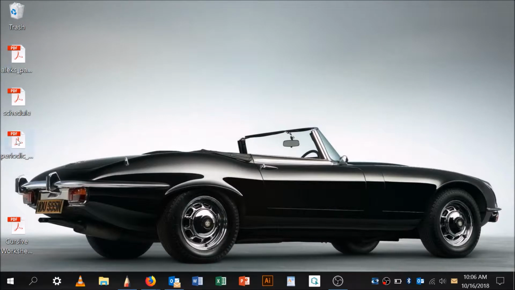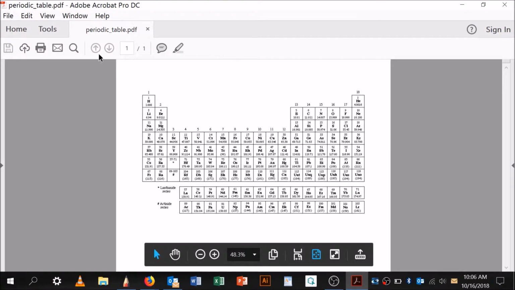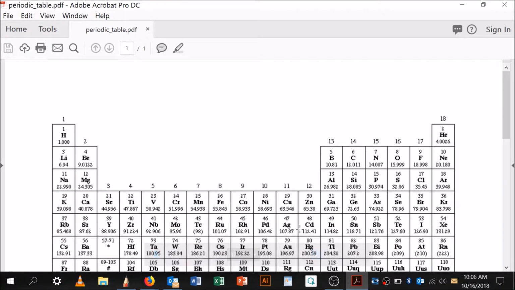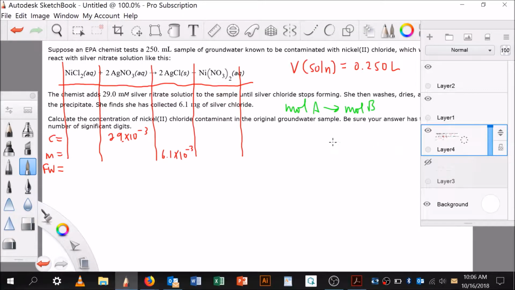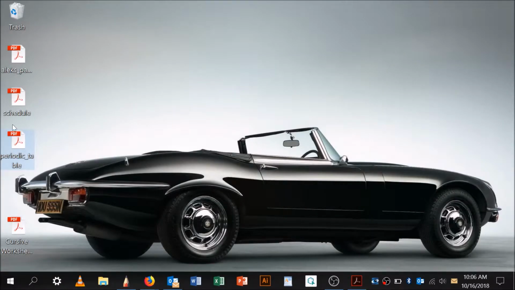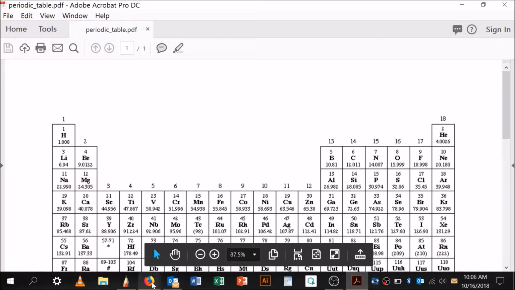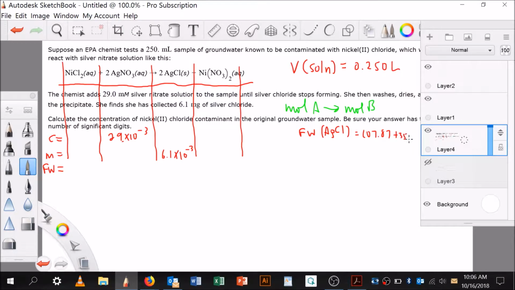I have a periodic table here. Silver is 107.87, and chlorine is 35.45. 107.87 plus 35.45 is equal to 143.32, and that's grams per mole.